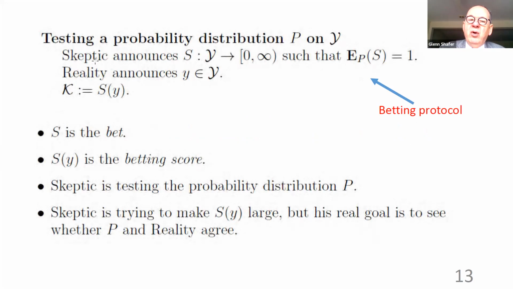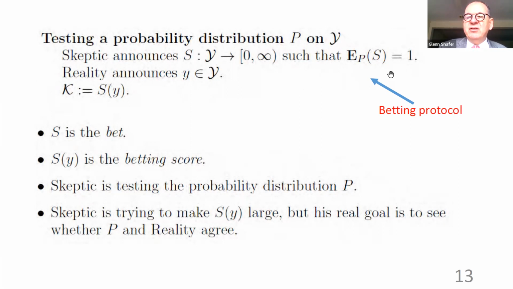Now, I'll bring in the forecaster in a moment, but I don't need the forecaster here because before the game started, the forecaster said, my forecast is this probability distribution on this sample space. So the skeptic is going to announce a bet, and that's S. His bet is just like we were saying informally.